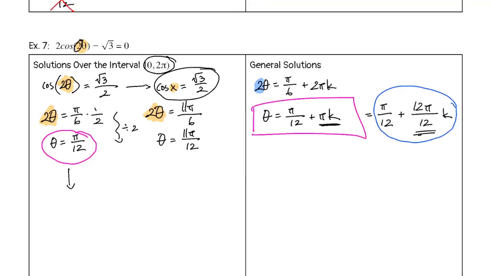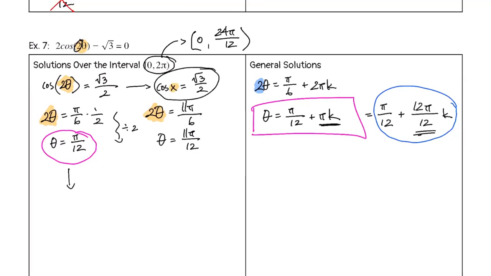Now, how do we know when to stop? What is sort of our blackjack 21 here? Like, what's the number that we're going to stop at? Okay. And how did you get that? Yeah, another way of saying 2 pi with the correct denominator is 24 pi over 12.